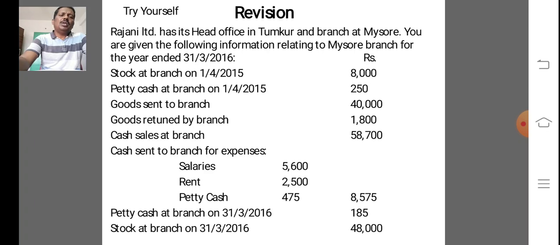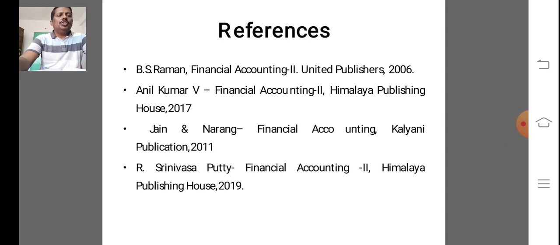Similarly, I take another problem for discussion, when the branch is authorized to sell only for cash. A Limited, with its head office in Bangalore, has a branch at Mysore. You are given the following particulars relating to Mysore branch for the year ended 30/6/2004.